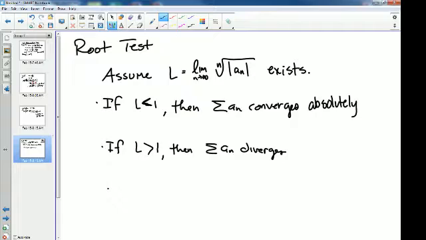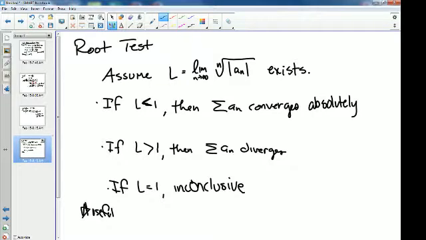And what if L is 1? Inconclusive. Okay, so again, just another test. Just gotta set it up. Obviously, it's going to be very useful with nth roots. Okay, that's the example I'm going to show you, an nth root or an exponential.